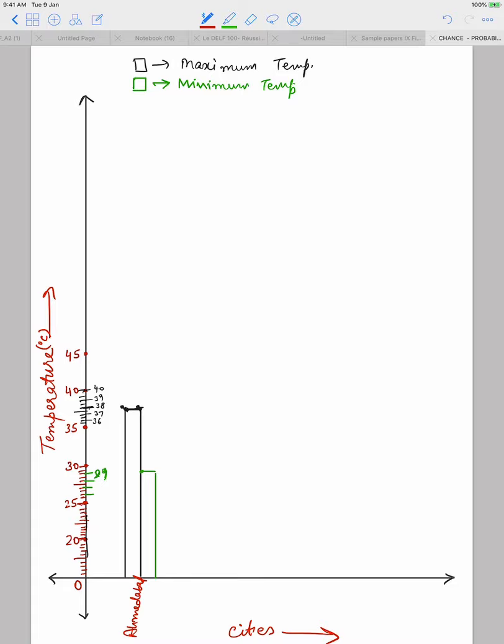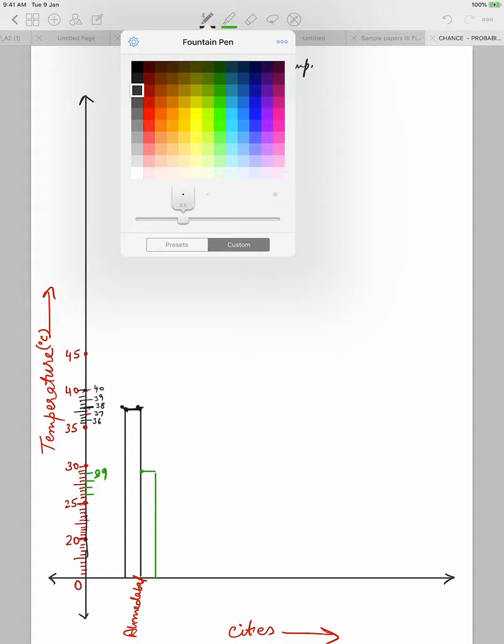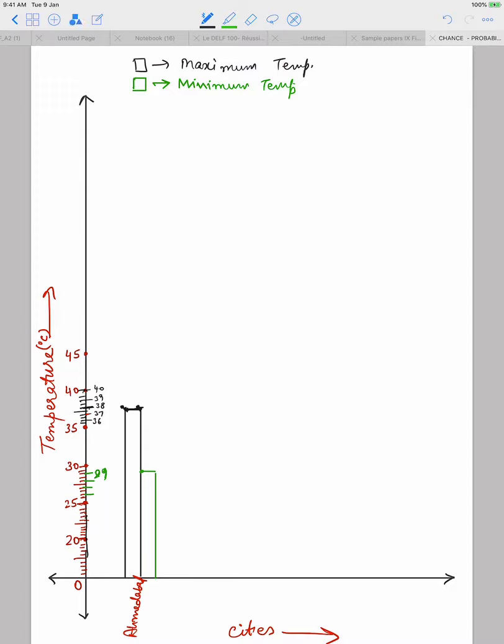Now Amritsar is showing a maximum temperature of 37 degrees Celsius. So 37, as I have already marked here, you can see. So I have to show the maximum temperature. I will use a black color for 37. Suppose that this is the color. This is my 37. I'll make a bar out of this now.